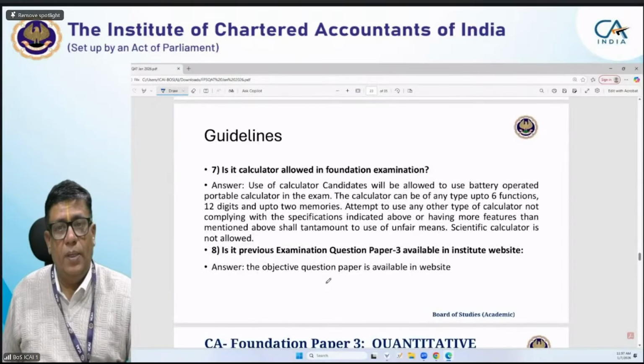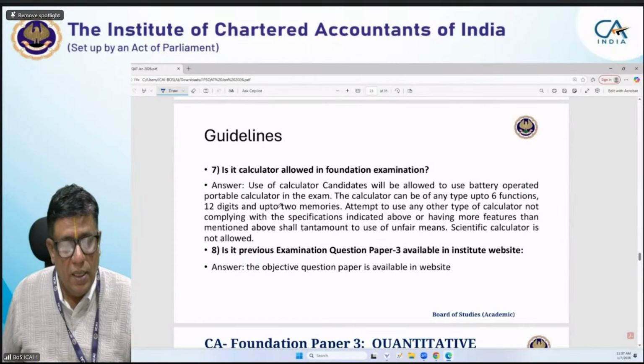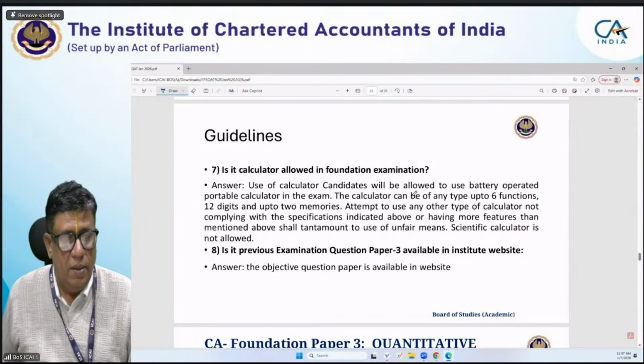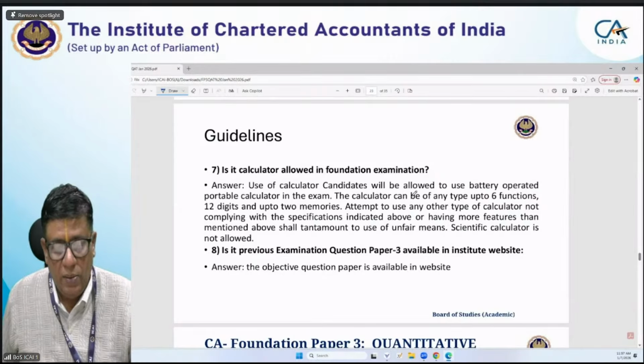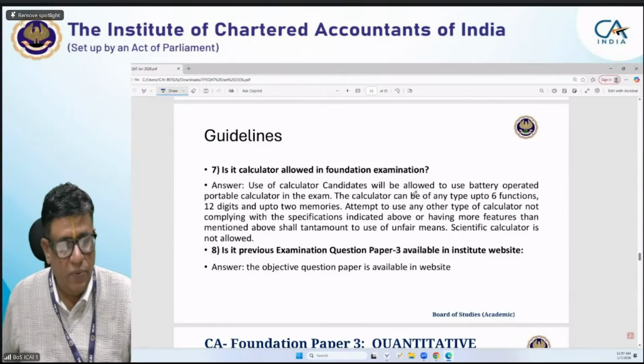Whether calculators are allowed in the examination: candidates will be allowed to use a battery-operated portable calculator. The calculator can be any type with 6 functions, 12 digits and up to 2 memories.